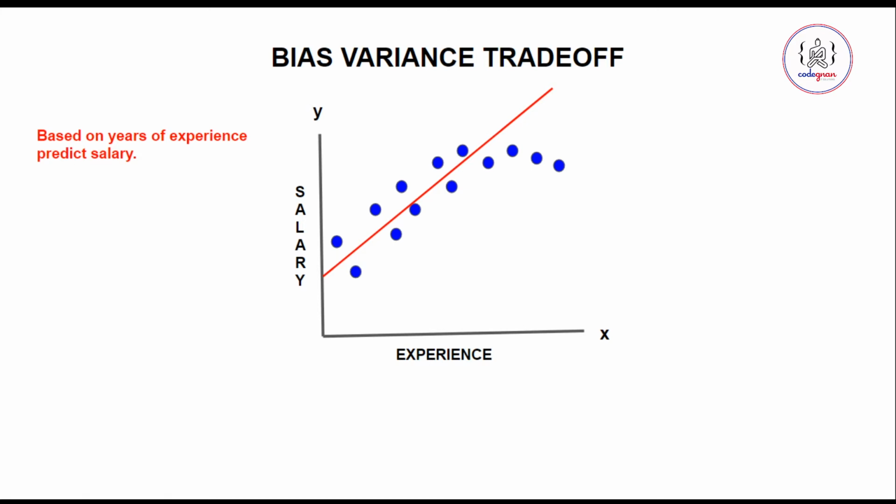Here, if you see, the line is predicting a higher salary, but all these new data points are below this line. That means the predicted value is higher than the actual values. There is a huge difference between the actual and the predicted values, so we have a large error.